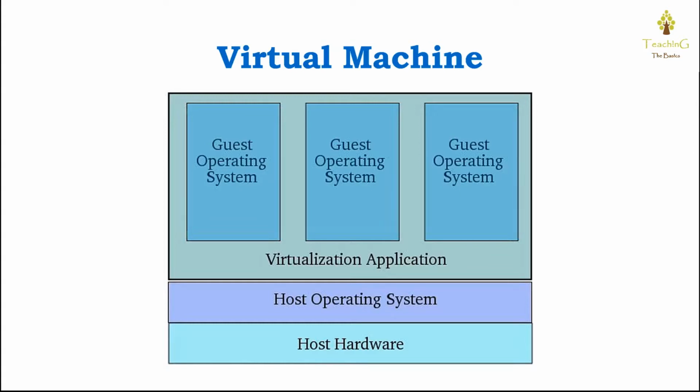This application helps us install different operating systems in a virtualized environment, and these guest operating systems run on it. You can install multiple operating systems in your virtualization application, and each of these guest operating systems can access the host hardware.